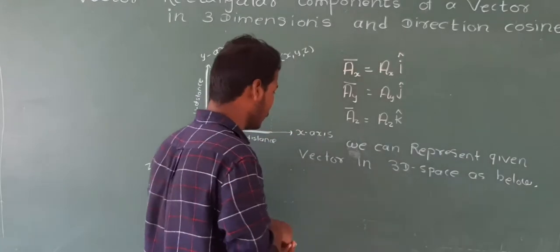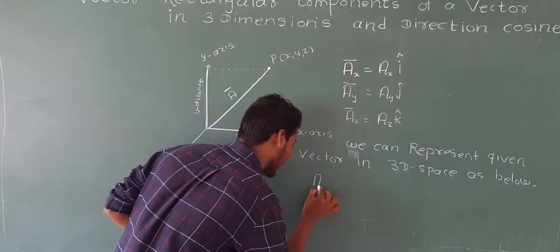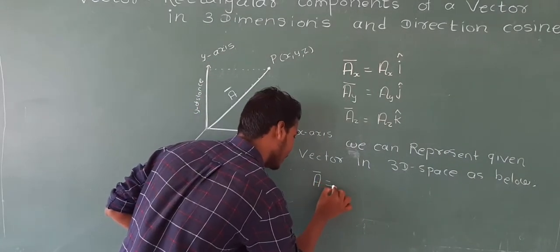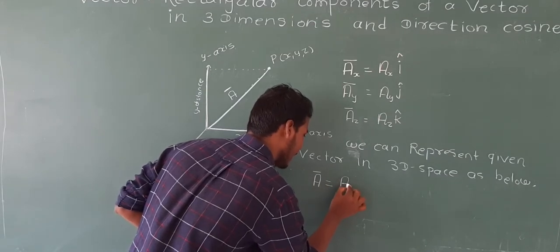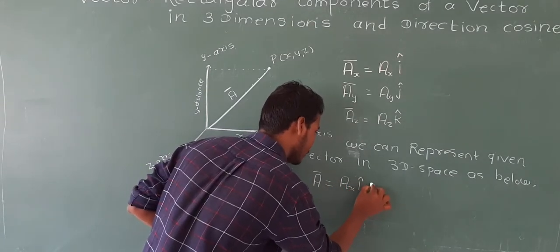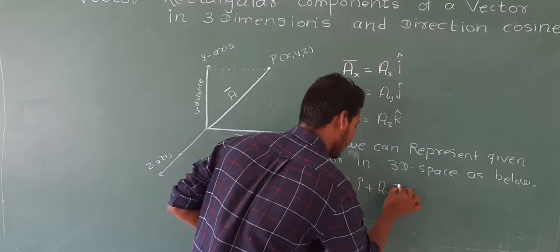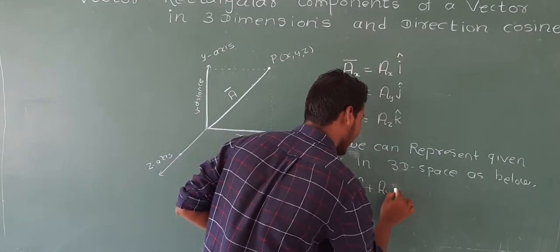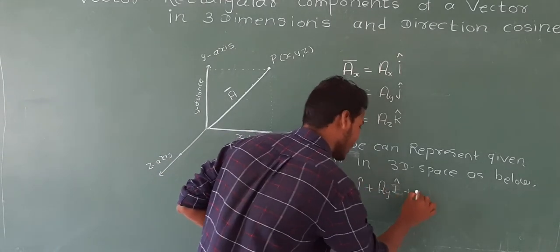What you have to do is take that vector A bar equal to Ax i cap plus Ay j cap plus Az k cap.